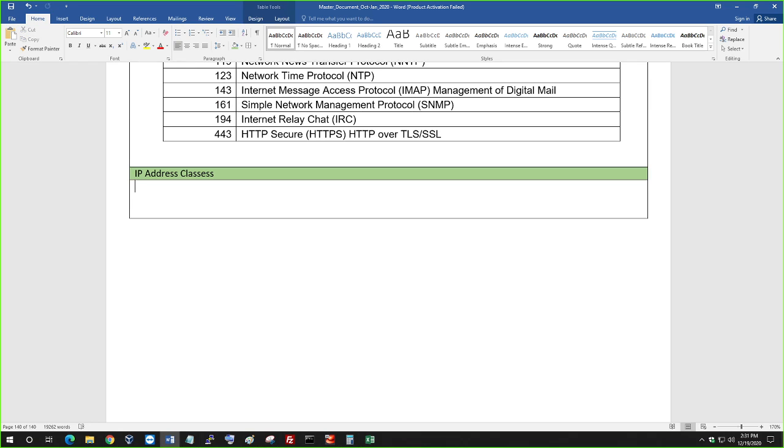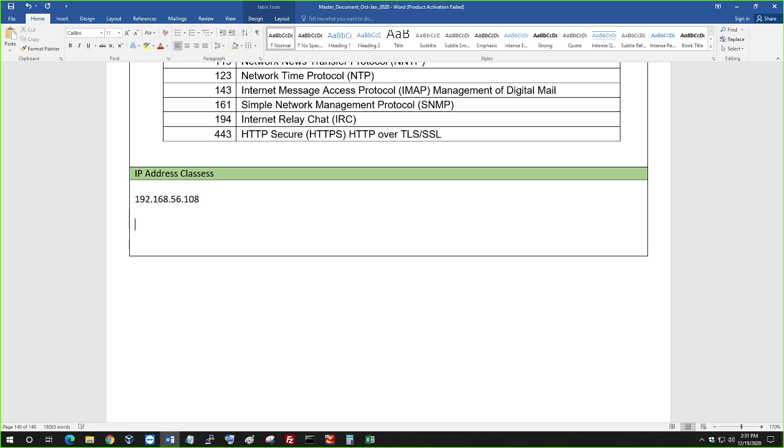So we have here an IP address, but let's understand each IP address belongs to a subnet. So in here there are 4 subnets. There are 4 subnet information in each IP address.